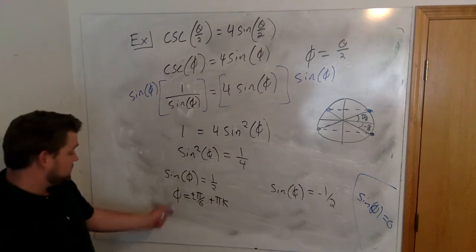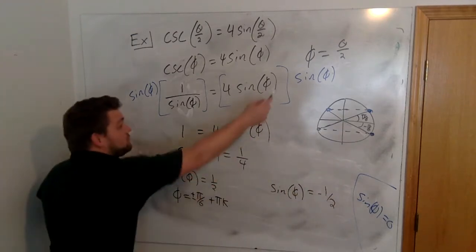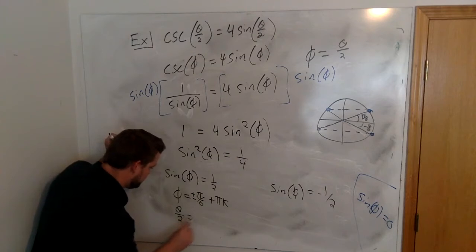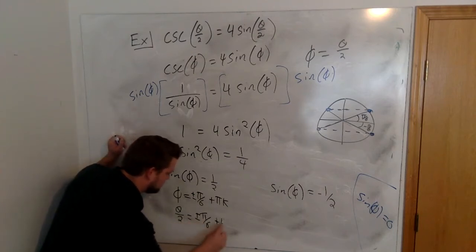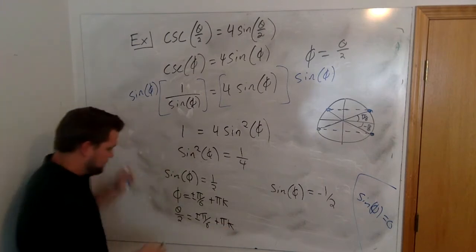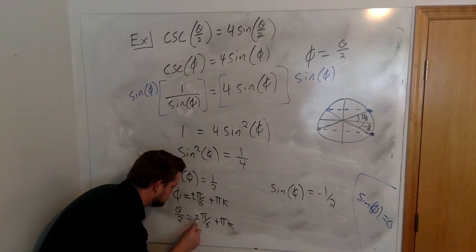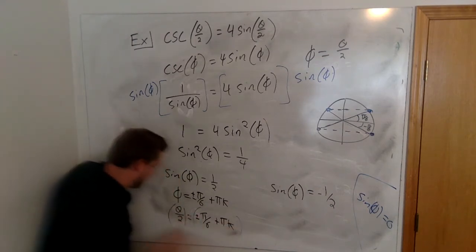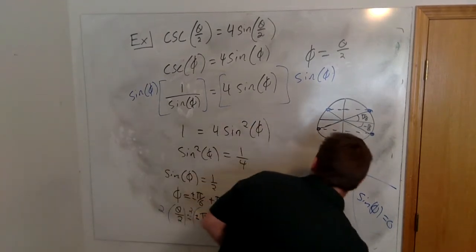But remember, it's not phi that we're actually looking for here. Phi is the same thing as theta over 2. Theta over 2 will be equal to plus or minus pi over 6 plus pi k. So to solve for theta, we'll multiply both sides by 2.